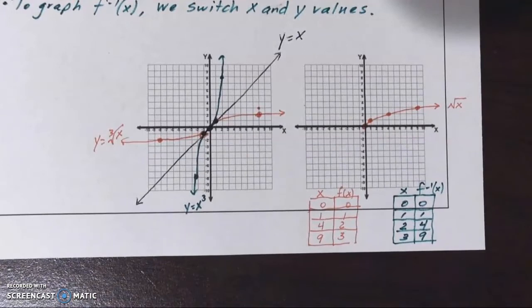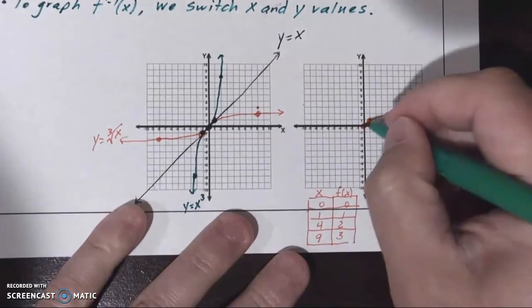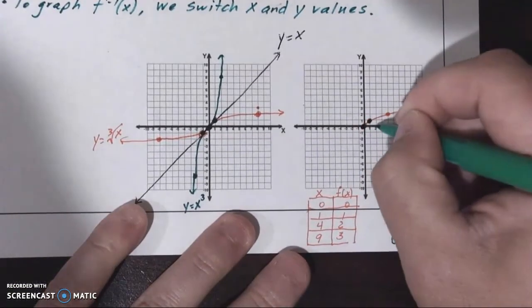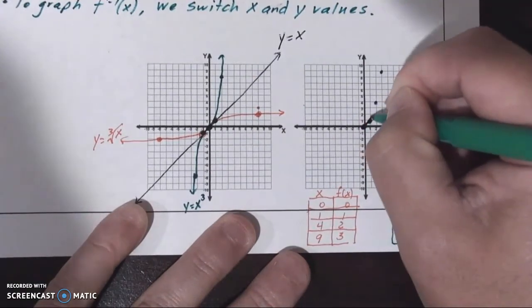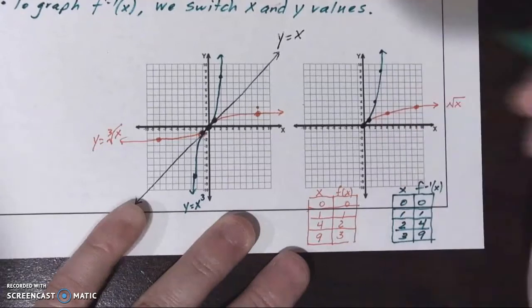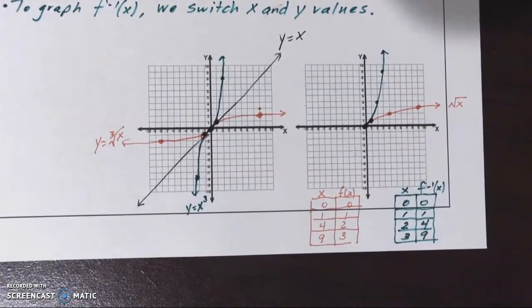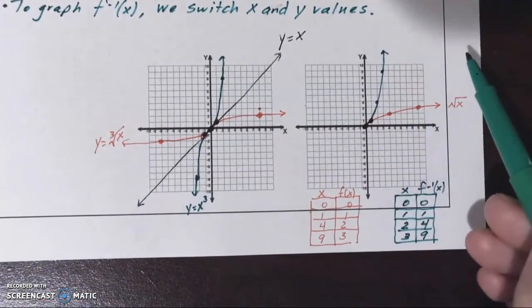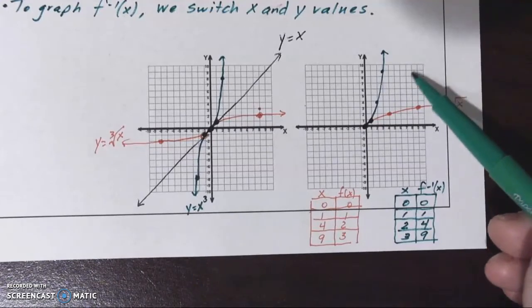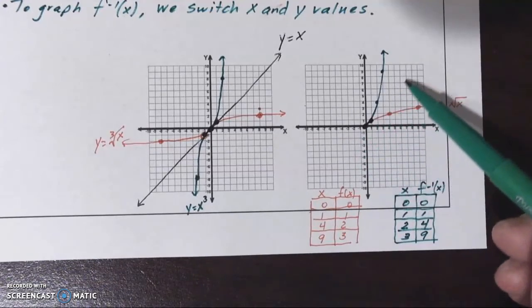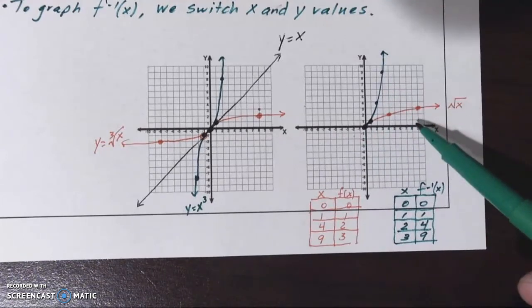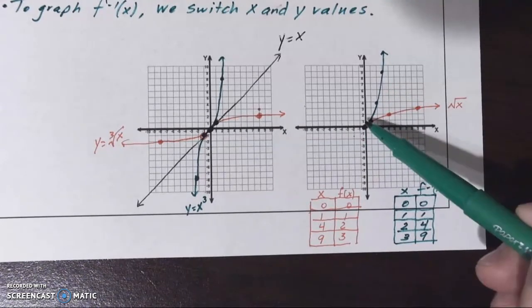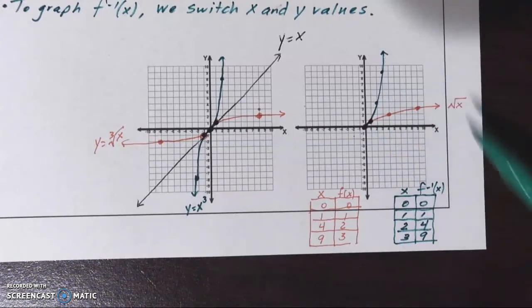Let's put this on a graph and see if we feel good about it. 0, 0, 1, 1, 2, 4, 3, 9. Now, not needed, but just let's picture the line f of x. If we picture that line and we think about the symmetry between these two functions, this function and its inverse, then we should feel pretty good about what we did to graph its inverse.